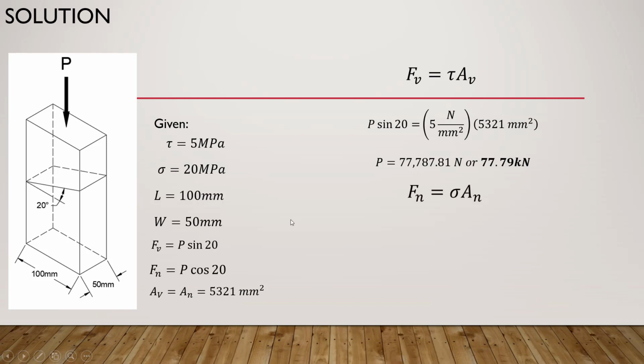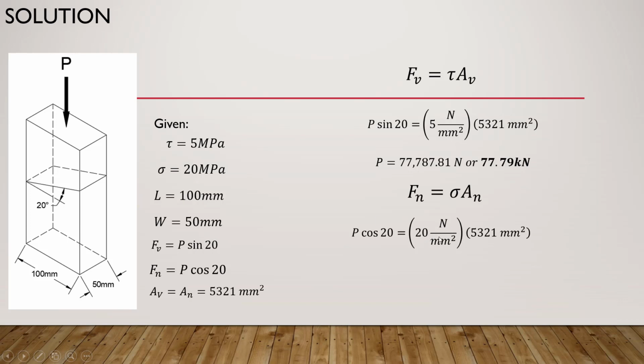Okay, the next thing to consider is the normal force, which tends to crush the compression block. So Fn is equal to the compressive stress times the area perpendicular to the normal force. Just substitute the value of Fn from our equation before, which is P cosine 20, and equate it to 20 megapascal or 20 Newton per millimeter squared.